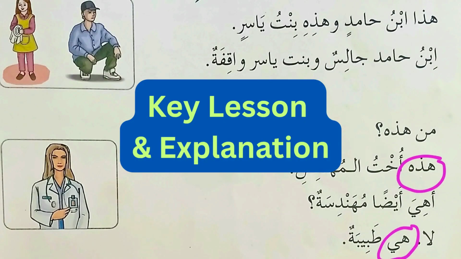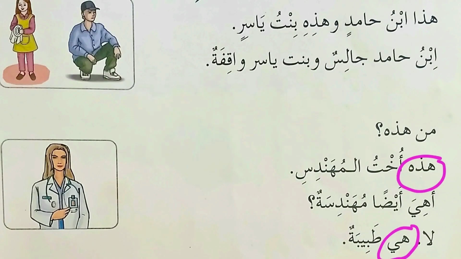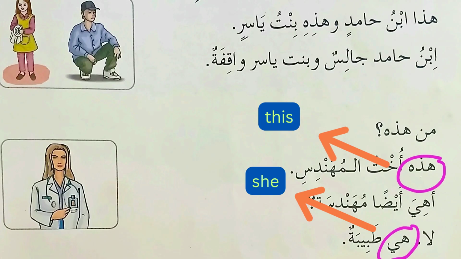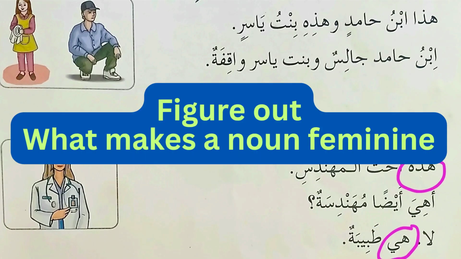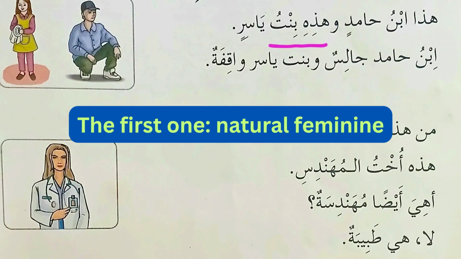Alright, you have already met basic pronouns for the feminine singular: hiya, which means she, and hadhihi, which means this. Now, let's look at the text on the screen to figure out what makes a noun feminine. First, let's start with the easy ones.